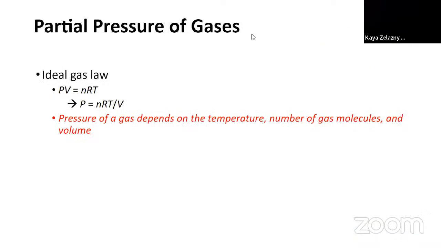Okay. So we saw this equation before. We still are not going to need to do any particularly specific math with this, but our ideal gas law does influence the gases that we're tracking and that we're thinking about transporting into our body. So the basic idea here is that the pressure of a gas is dependent on the temperature, the amount of that gas, where N is the moles of the gas, so the number of gas molecules, as well as the volume of the container we're in.